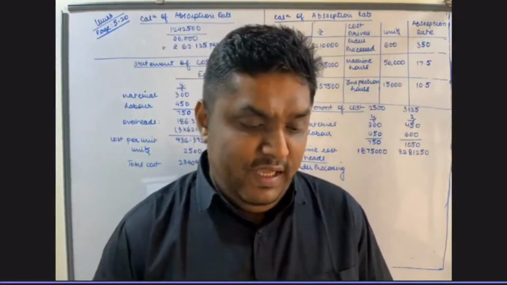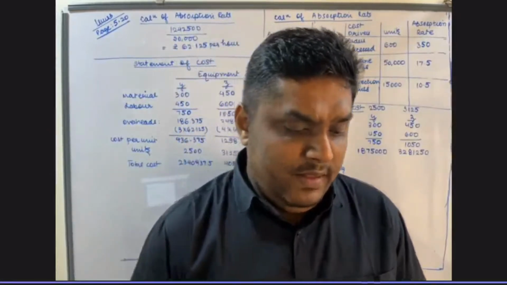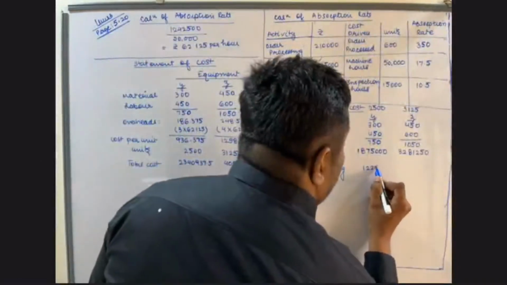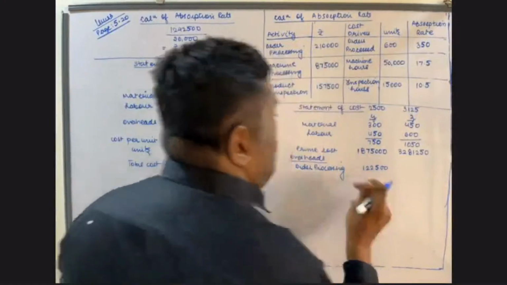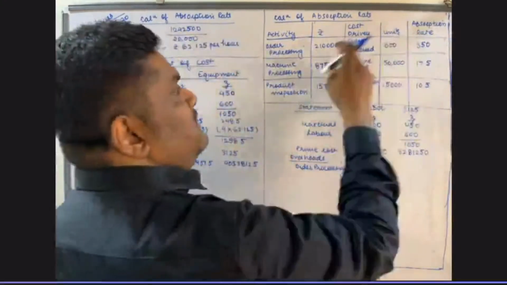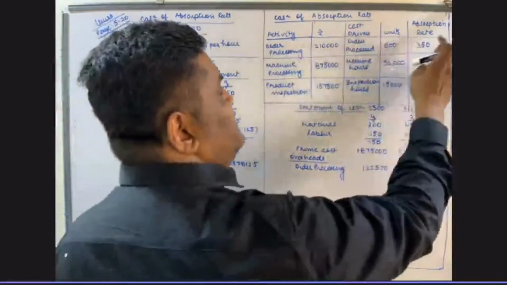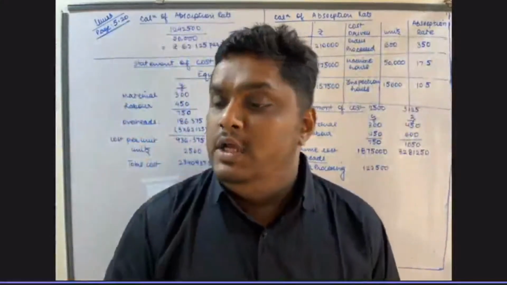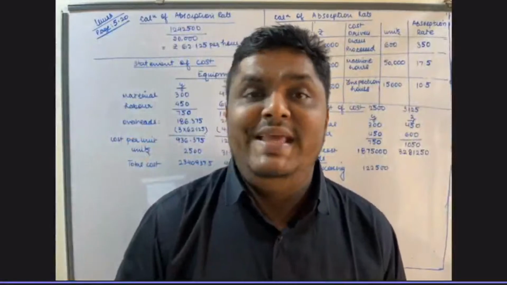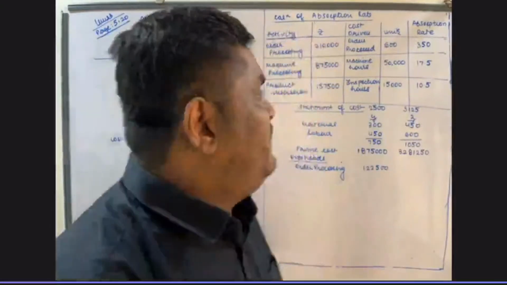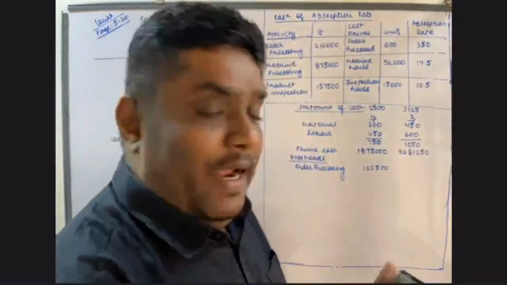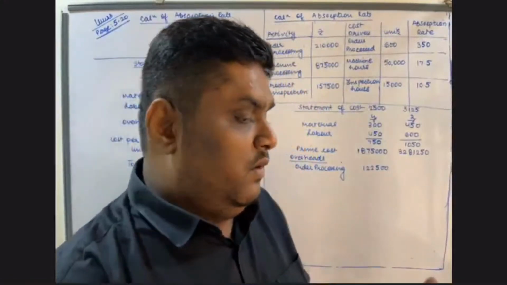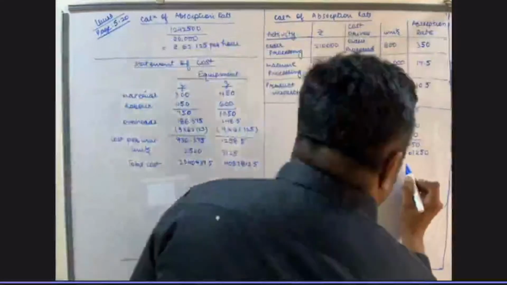So 350 into 350, that is 122,500. Total order processing cost is 2,10,000 divided by 600. So the absorption rate is 350 per order. In case of Y, the orders processed are 350, so 350 into 350, and in Z 250 into 350. So this will be 87,500.